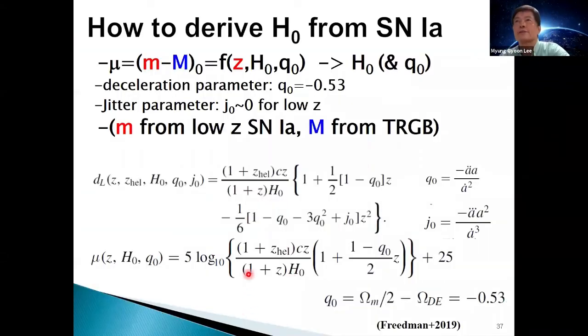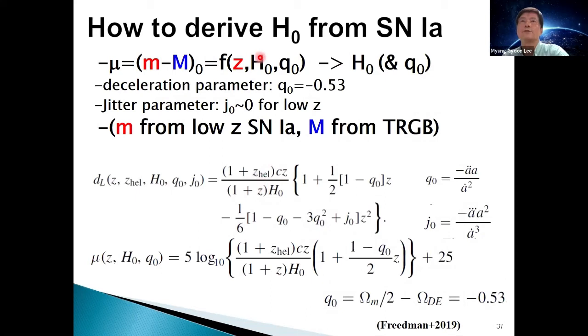How to derive H0 from supernovae is very simple. From the relation of the apparent distance modulus. Distance modulus is just the difference between apparent magnitude and absolute magnitude. And this is a function of redshift for given H0 and q0. The relations are given below.